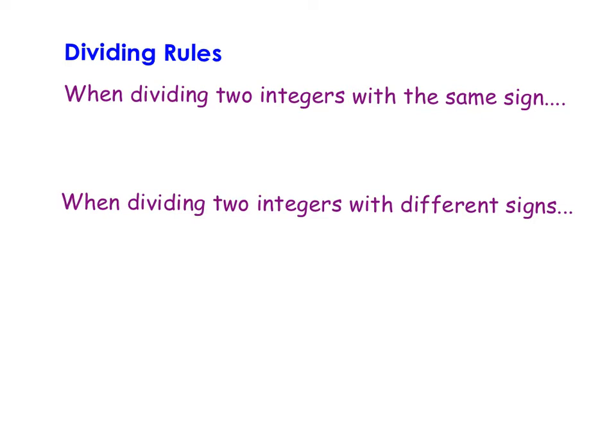So the first one is if we're dividing two integers with the same sign. So say we're dividing a positive divided by a positive, or a negative divided by a negative. So two numbers with the same sign. If we're dividing two integers with the same sign, the result will be positive.